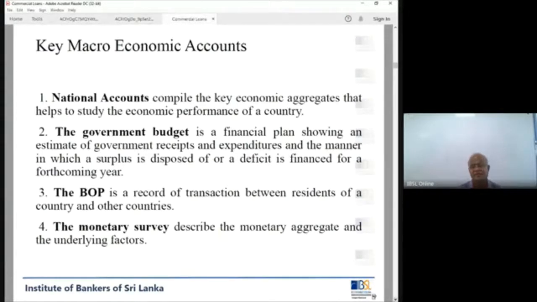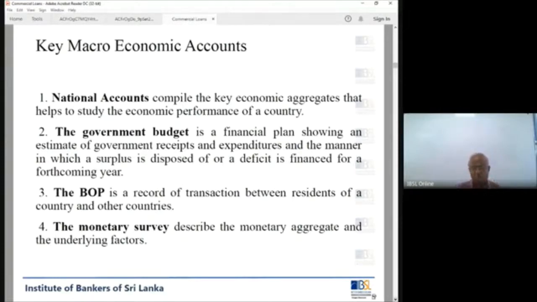If there is a credit balance in the overall account, we say there is a balance of payment surplus. In that account, we record all the transactions between residents of a country and residents of other countries. Imports, exports. When you say imports, companies, government, individuals, all the residents are included.